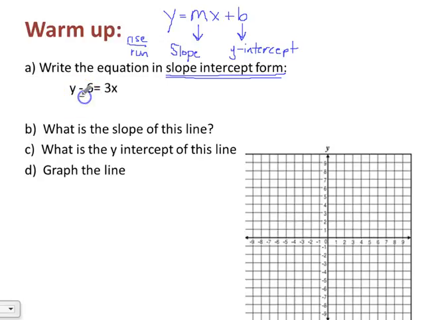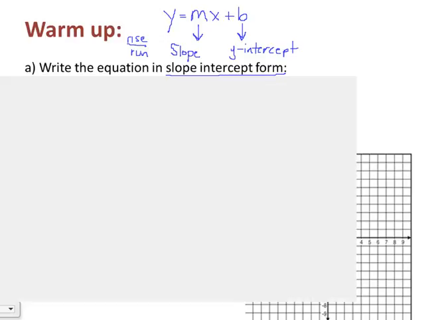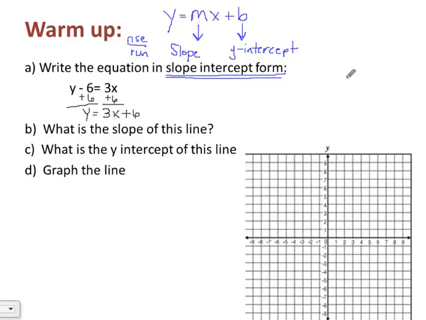So I'm going to add 6 to the other side. And I get y equals 3x plus 6. So in slope-intercept form, my equation is y equals 3x plus 6. I'm going to write that here. Y equals 3x plus 6.